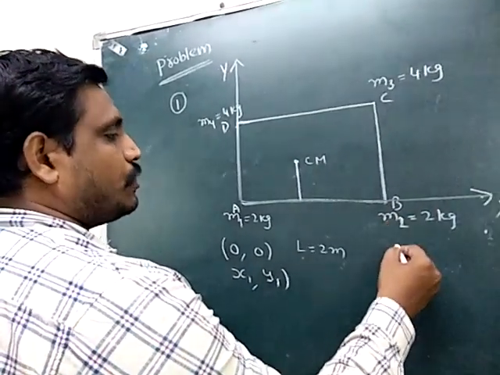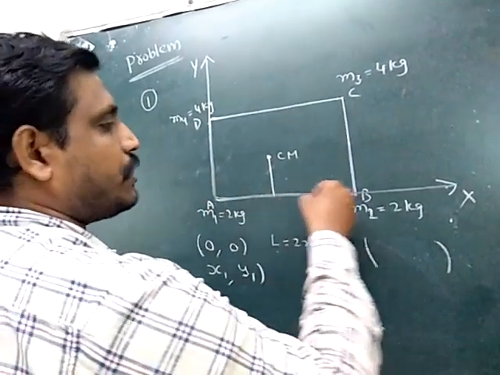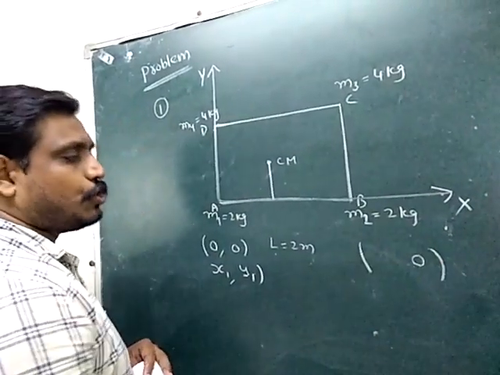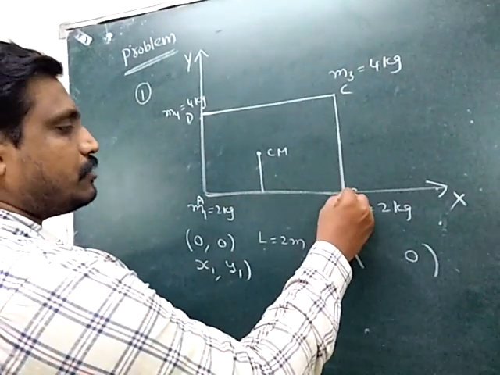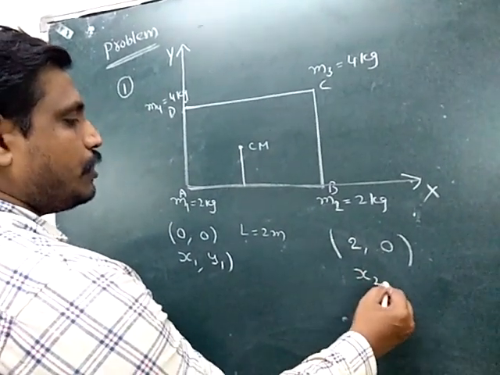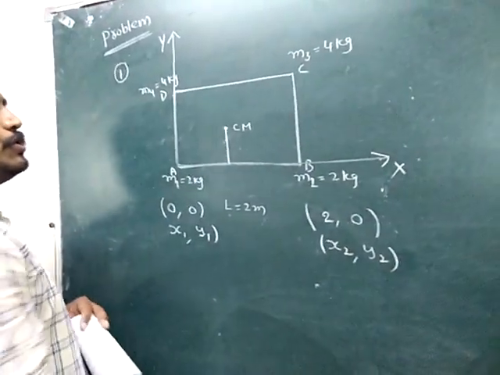This is M2. Its corresponding coordinates is this point on the x-axis, so y becomes 0. Here to here length is 2, so 2, 0. M2 coordinates is x2, y2.